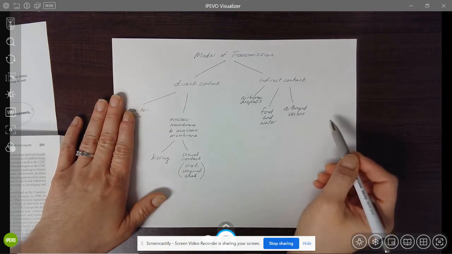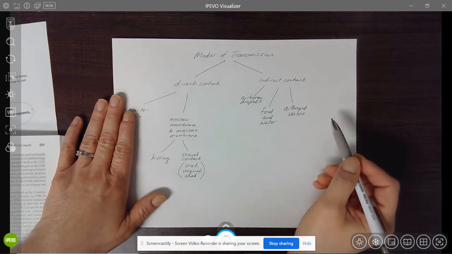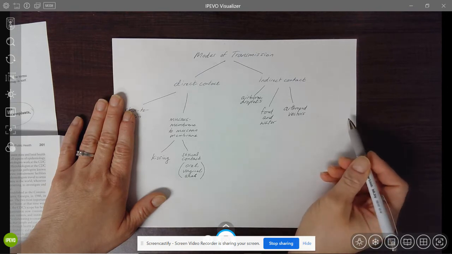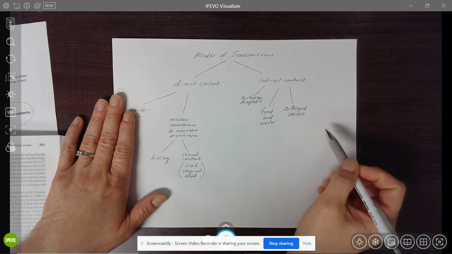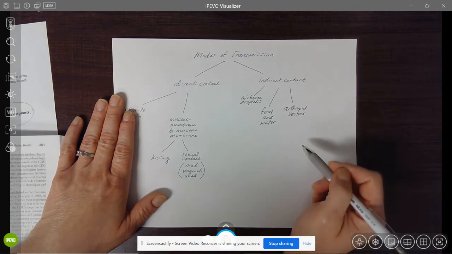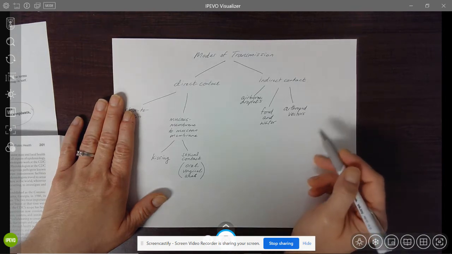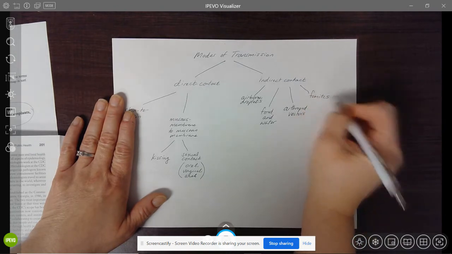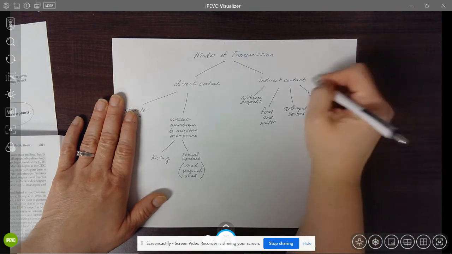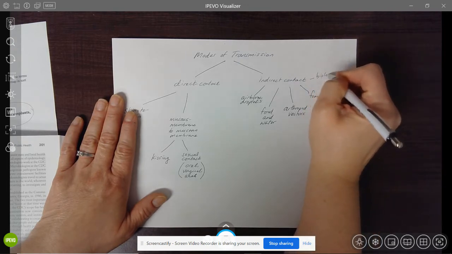And the host, if the host becomes infected, then that infection can lead to a disease state. Not always necessarily, but it can happen. So arthropod vectors, and then they make a distinction with fomites, and then they have the biological products.